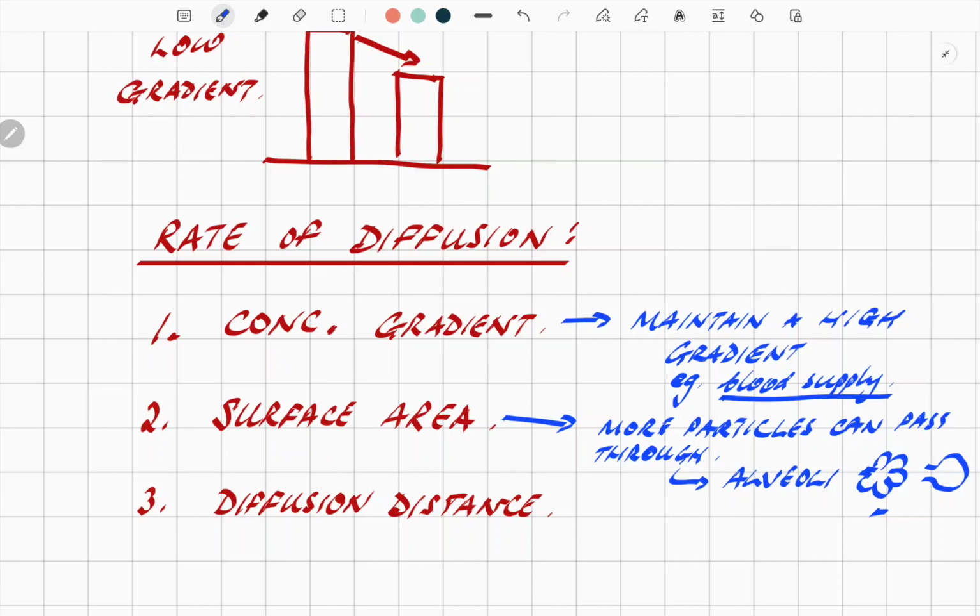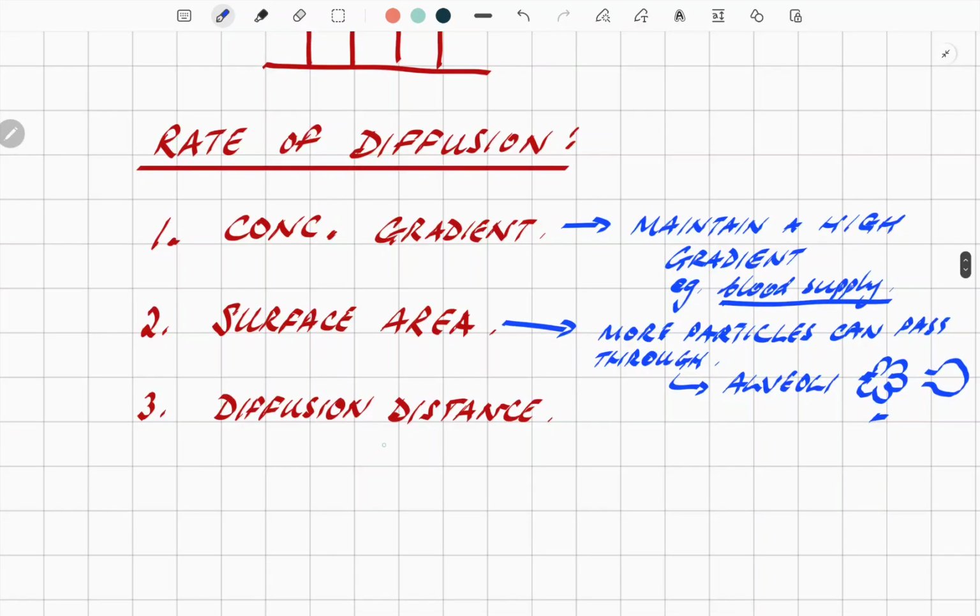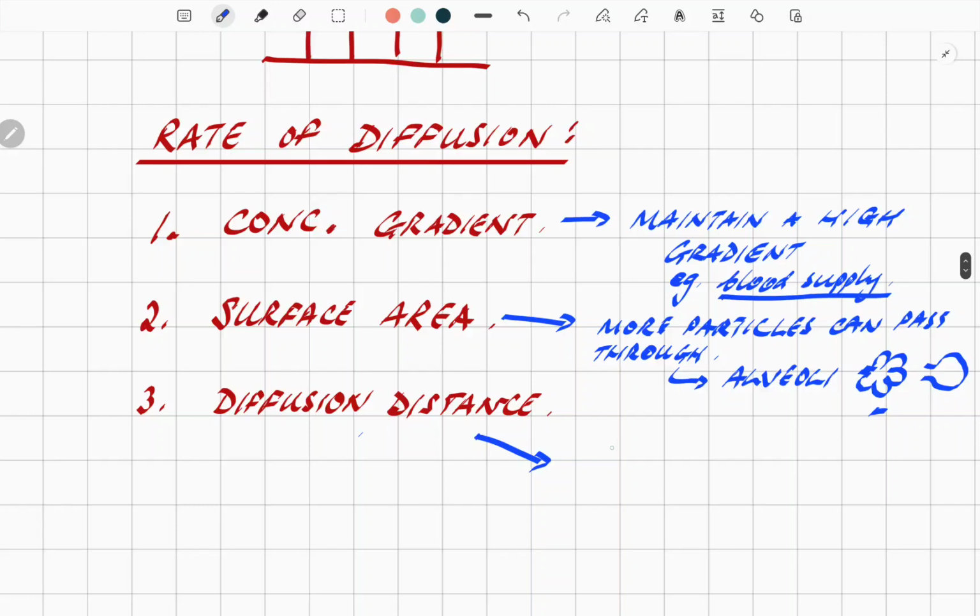The next one is diffusion distance. And the best way to explain that is to talk about thin membranes. For example, if you were to try and breathe through your skin, no joking, there are organisms that actually absorb the oxygen or other gases that they need through their skin.